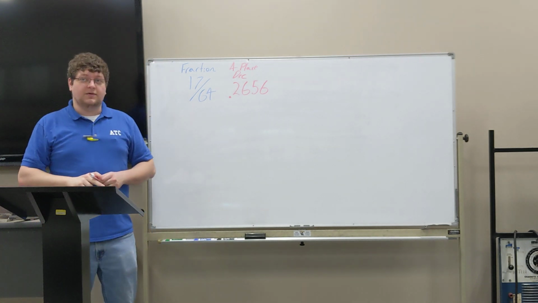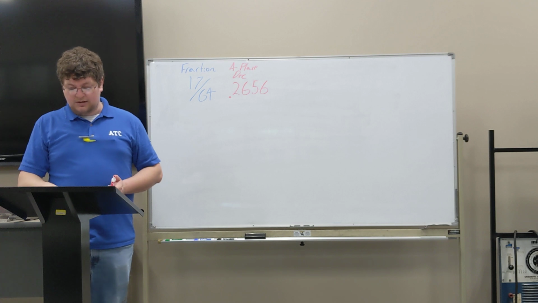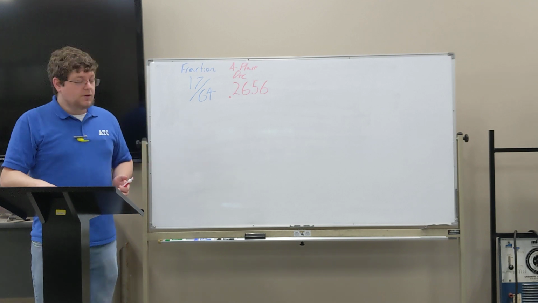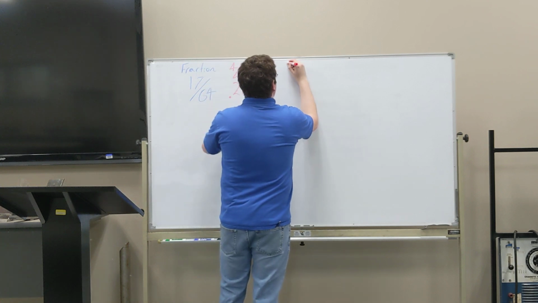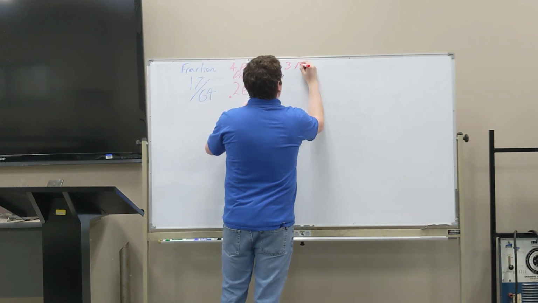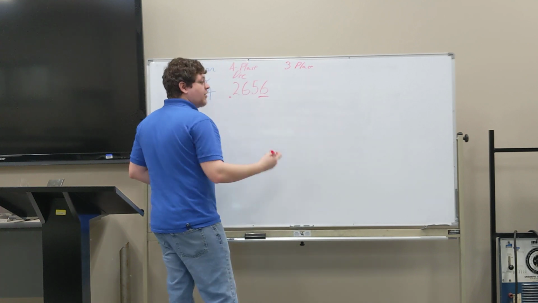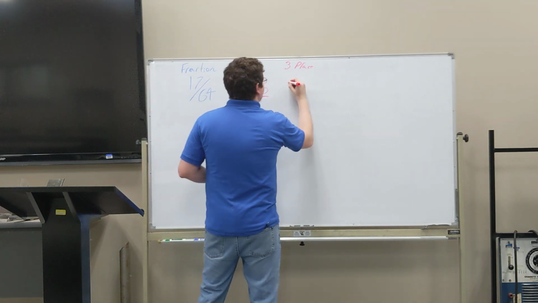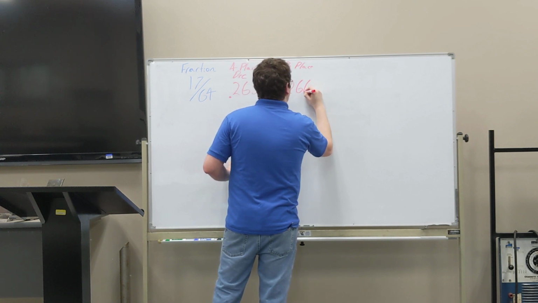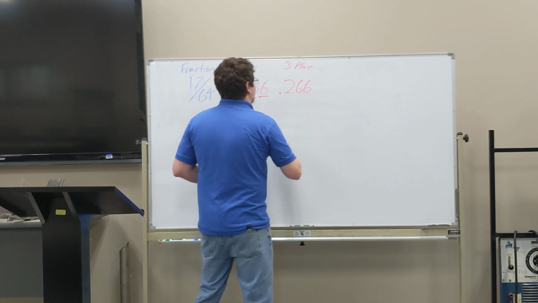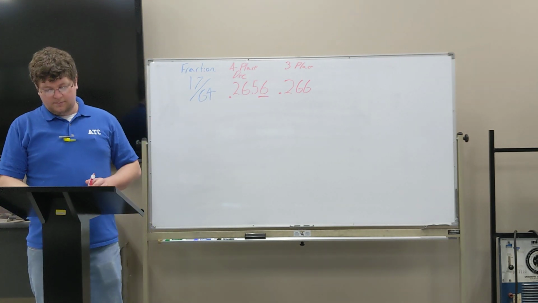So that's our 4-place. So what is our 3-place then? If we look over, we go to round it. So this is our 3-place. Remember, if it's 6 or higher, you round up. 0.266.